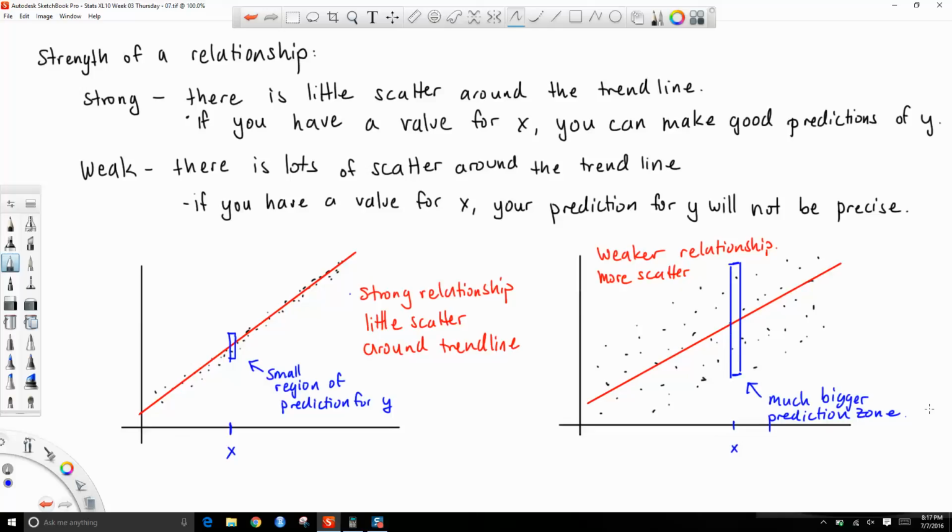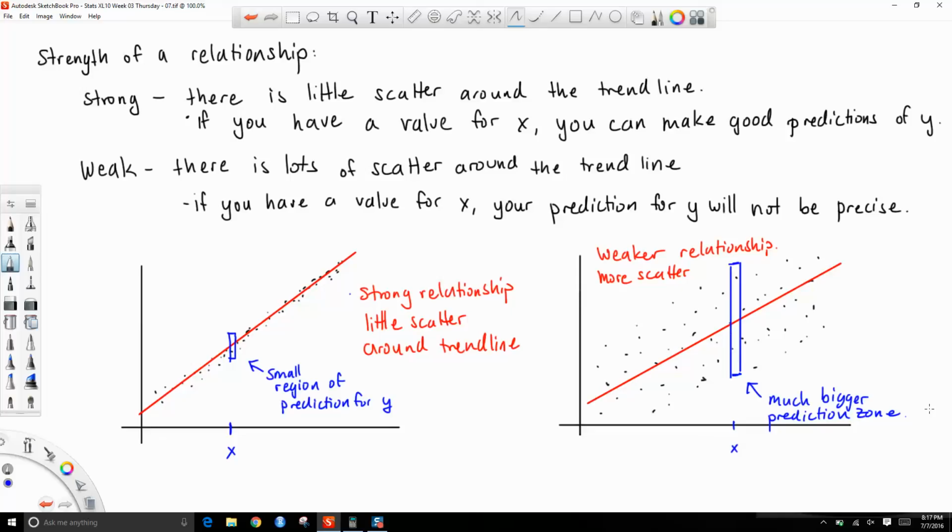So, you know, if you're talking about robots and machines, you would expect the relationship between two variables to be strong to begin with, and so the idea of what's strong and weak for robots and machines would be a kind of different picture than if we were talking about people, okay, where people in general are much less predictable, and so the usage of strong or weak depends on the context.